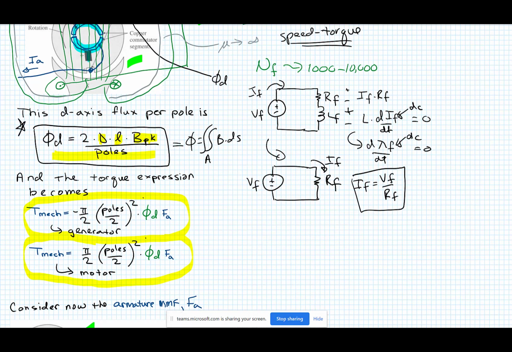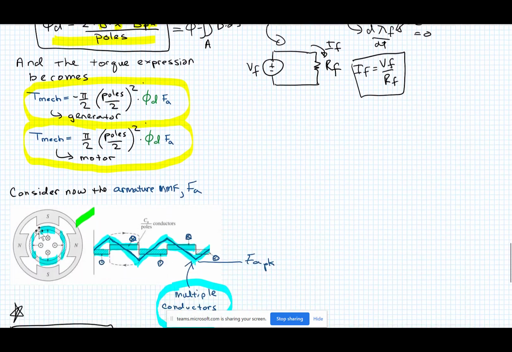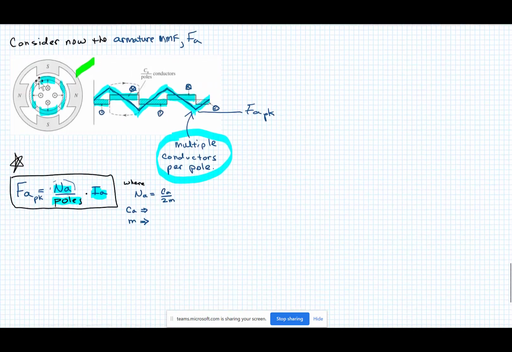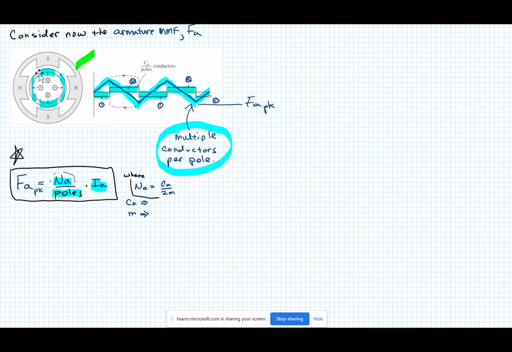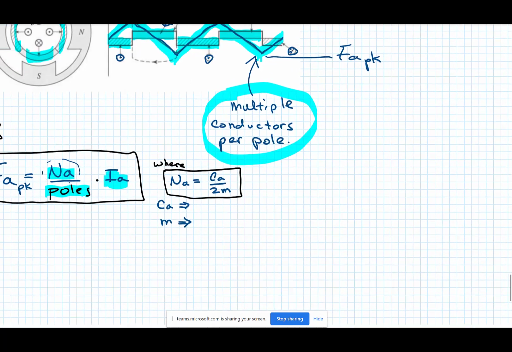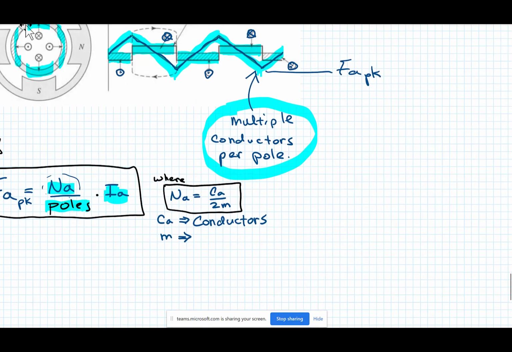We're going to give you a couple versions of the flux equation, but this is an equation that you are absolutely going to need to know, and you're also going to need to know this. That is, how do you find the effective turns of the armature? It's in terms of C sub A, and C sub A is the conductors, it's really the number of these dots.